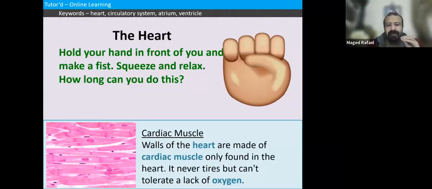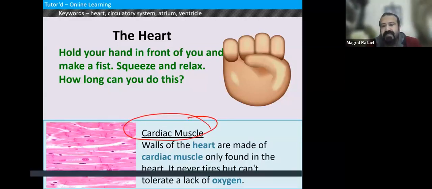So the main fuel, or we can say the power of the cardiac muscle, is the oxygen and definitely glucose, guys. So oxygen and glucose will feed the muscle of the heart, which is the cardiac muscle. Please remember this name, cardiac muscle, because we will use it several times in answering questions.